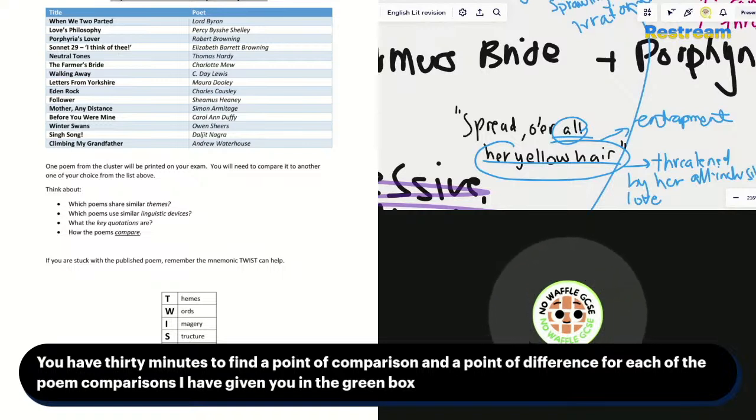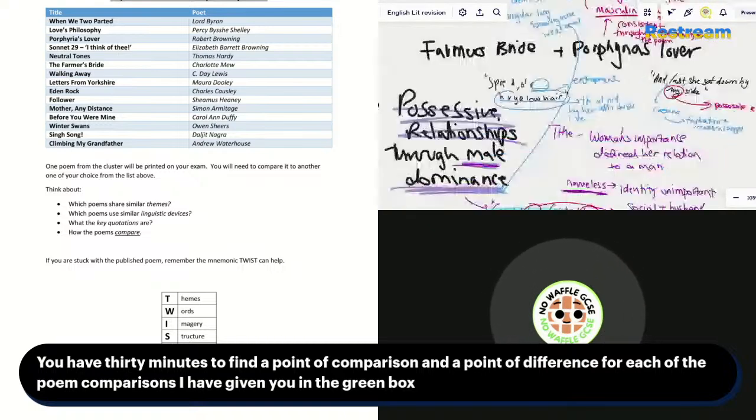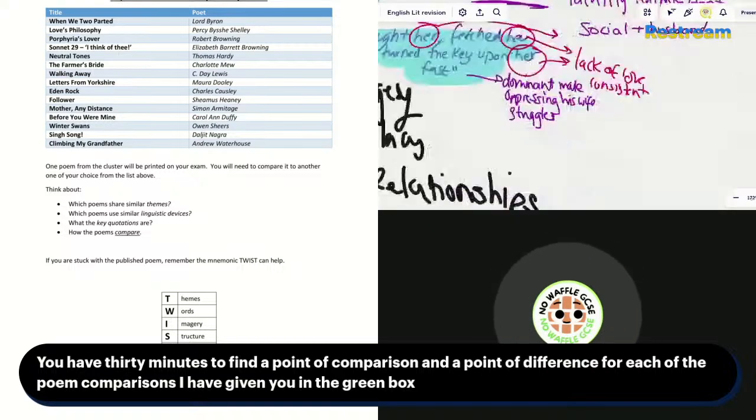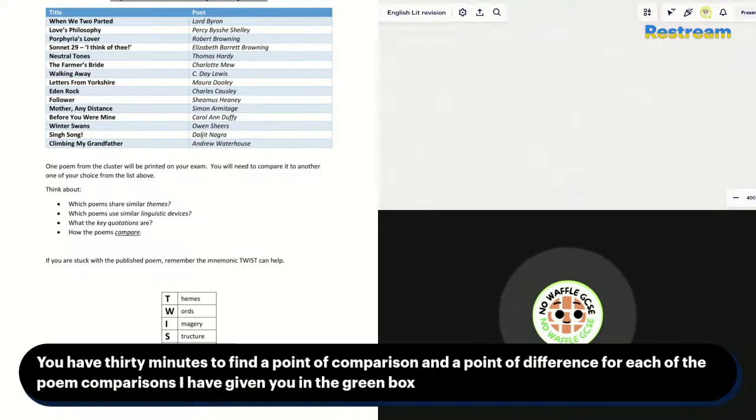Now, we also discussed the pathetic fallacy. So in Farmer's Bride, there's animalistic imagery. So we see this animalistic imagery when he says, like a mouse, or he says, shy as a leveret.